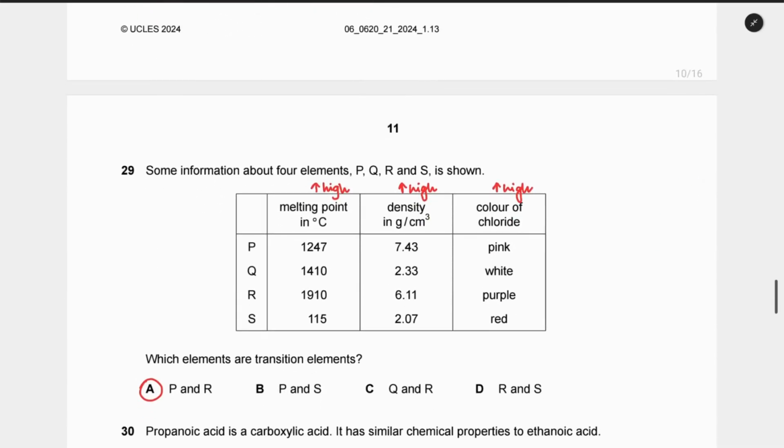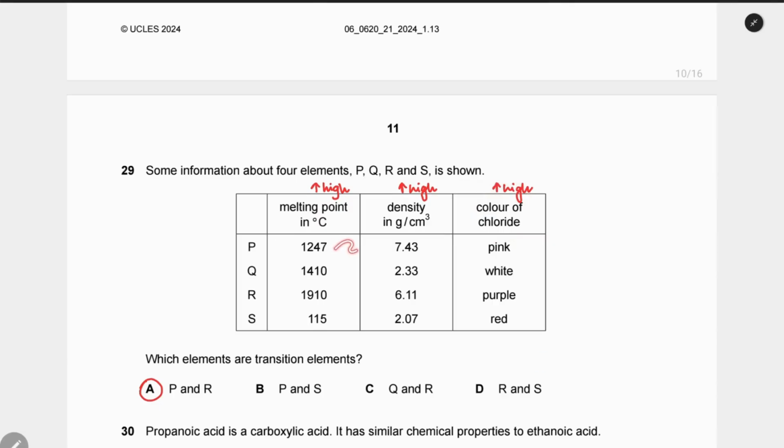29. Some information about 4 elements P, Q, R, S is shown: melting point in degrees Celsius, density in grams per cubic centimeter, and color of chloride. Which elements are transition elements? So we know that in transition elements, melting point, density and color also change. So over here, we have to select which is higher, and the color will be darker.